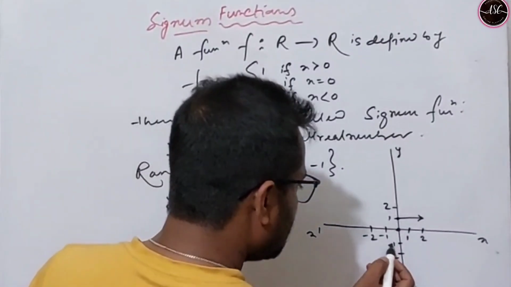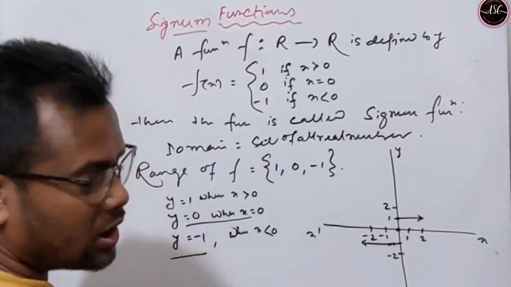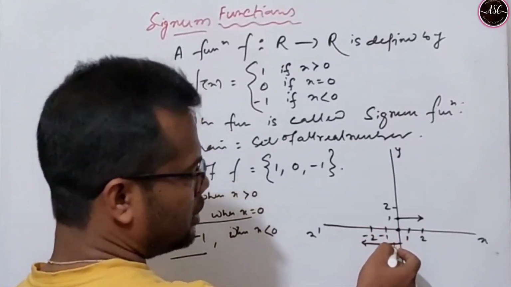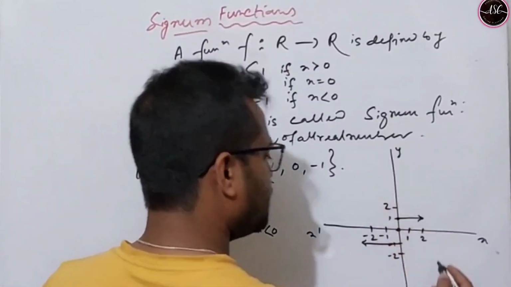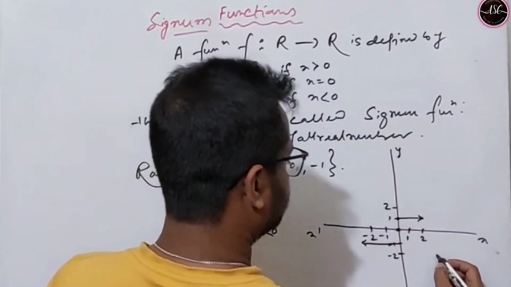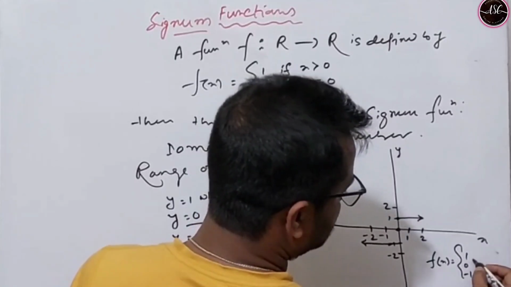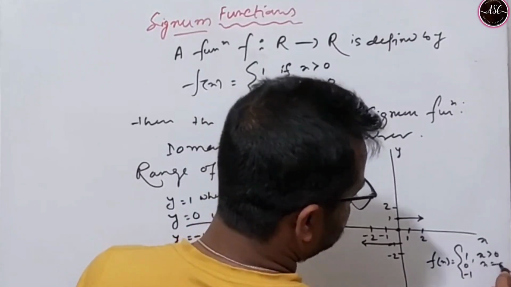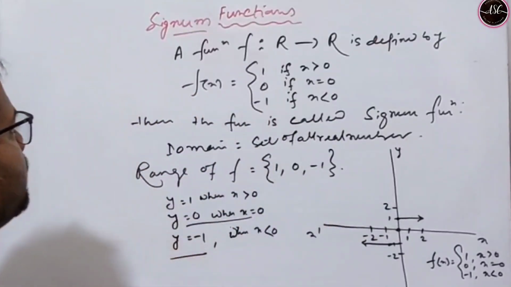So here the direction is towards the negative value, y is equal to minus 1. So this is the graph of the signum function f(x) equal to 1, 0 and minus 1, when x greater than 0, x equal to 0, x less than 0. Okay, this should be remembered.